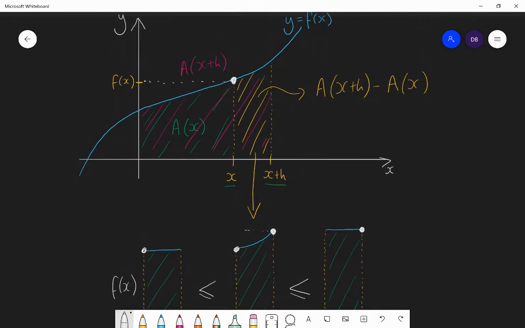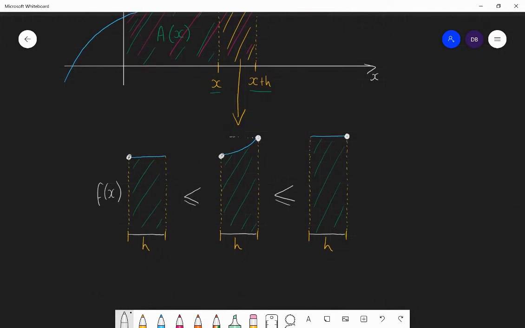And the greater rectangle has a height of, well, the x coordinate is x plus h. So the y coordinate here would be f of x plus h. So it would have an area of h times f of x plus h.